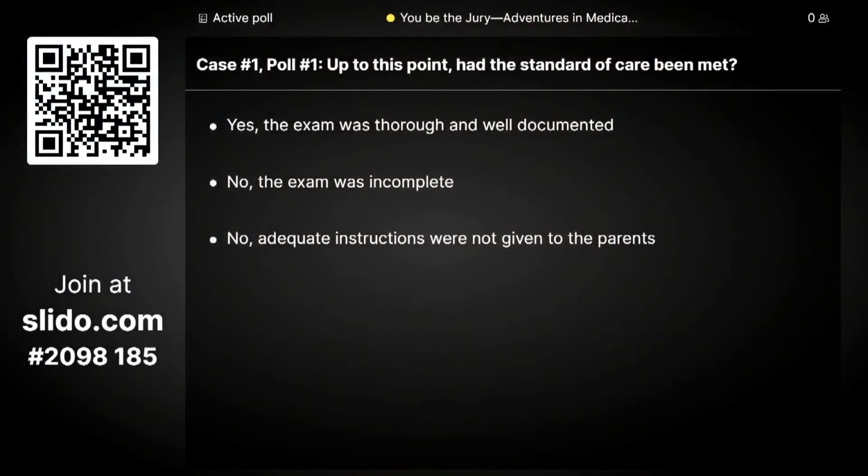So the first poll is to ask you, up to this point, had the standard of care been met in caring for this child? In other words, had this physician done the examination the way an average competent pediatrician would have done under similar circumstances? And your choices are: yes, the exam was thorough and well documented; no, the exam was incomplete; or no, adequate instructions for follow-up care were not given to the patient.